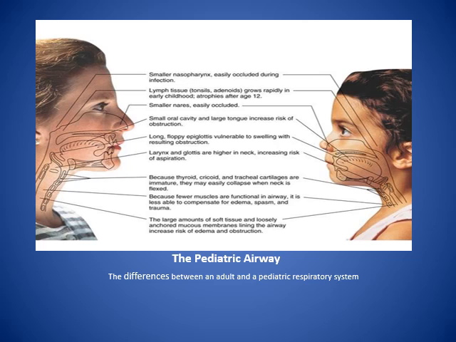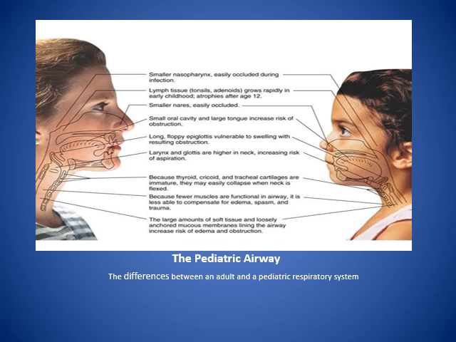Some of the biggest differences between children and adults in the respiratory system are illustrated in this slide right here. Biggest thing to remember is that the airway of a child is a lot smaller than the adult airway. So that means that things can get lodged in there quicker.